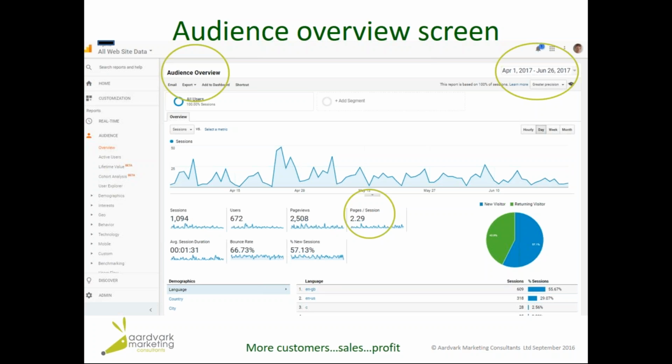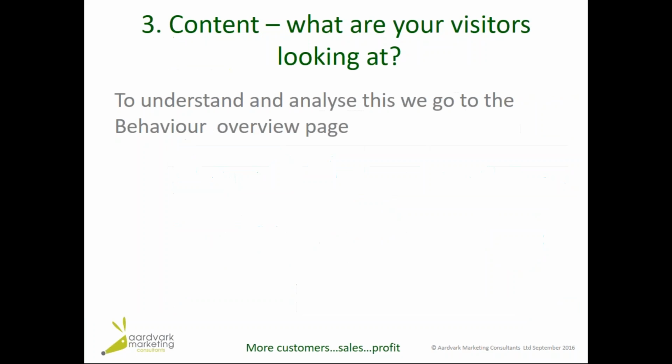So for example, if Google sees that there's a high bounce rate, or you've got a very low number of pages visited per visit per user, that could indicate that visitors are just not interested in your website content, and Google will move your website down the rankings. Conversely, if Google sees that these figures are going up and you're getting good engagement and your visitors are looking at lots of pages and they're spending a lot of time, they will move your site up the ranking. So this is where Google is picking up some of the data it will use to rank your site. Not all of it, but some of it.